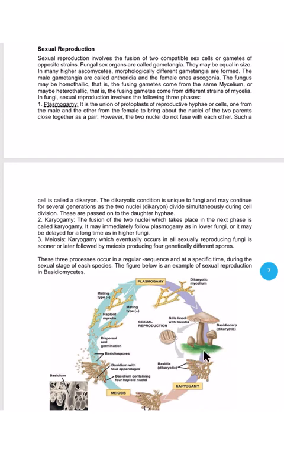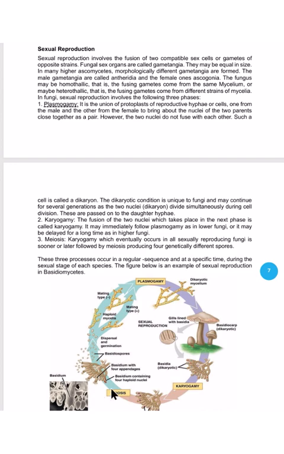Then it goes into the second phase, which is karyogamy, and in this case the hyphae start fusing the nuclei together. This is the fusion between the two nuclei. And of course, this karyogamy is followed by meiosis.